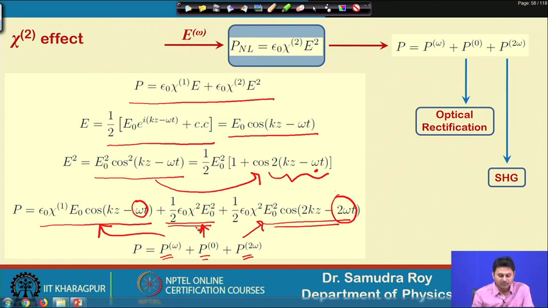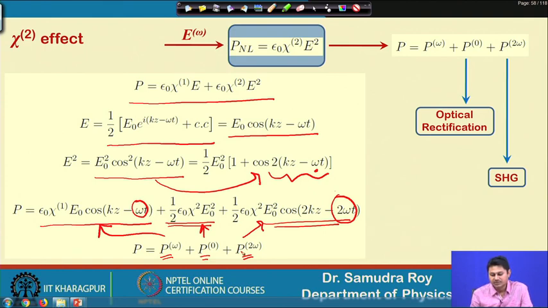We are going to understand what the meaning of a constant kind of term is. And another term, which is very important inside the polarization, is the part vibrating at frequency 2 omega. Here on the right hand side I have listed which term gives what. The first term, P omega, is nothing but the representation of the fundamental wave. The fundamental wave will be represented by this.